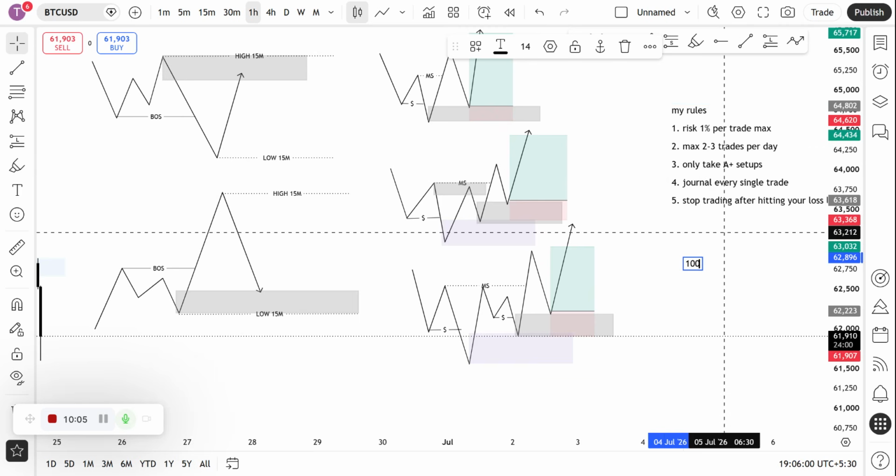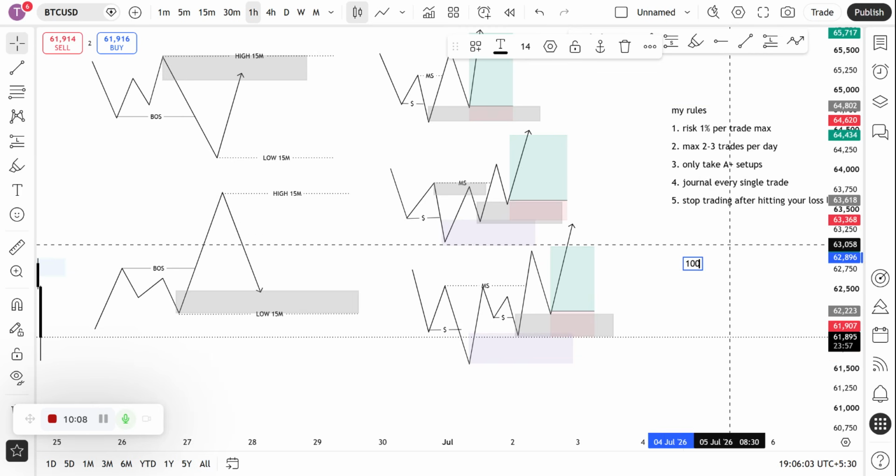from blowing my accounts. When I risk 1%, I know for a fact I have 100 chances to trade.